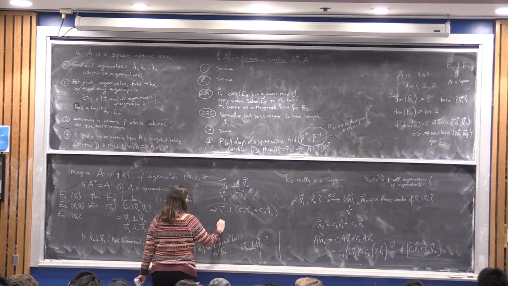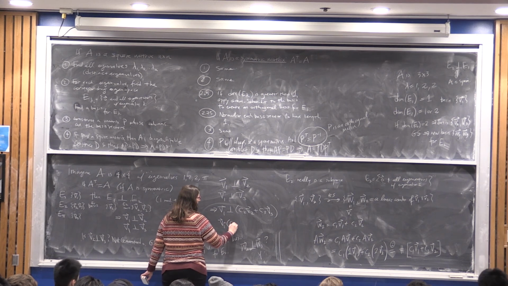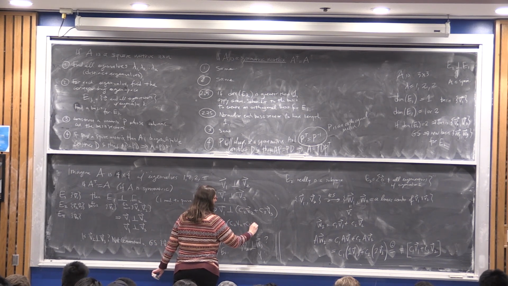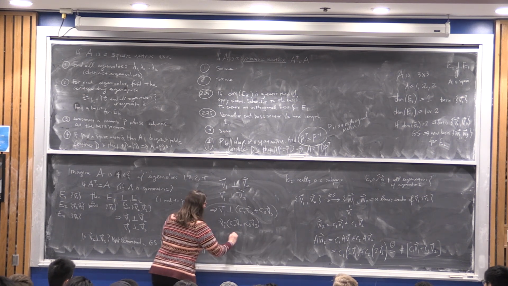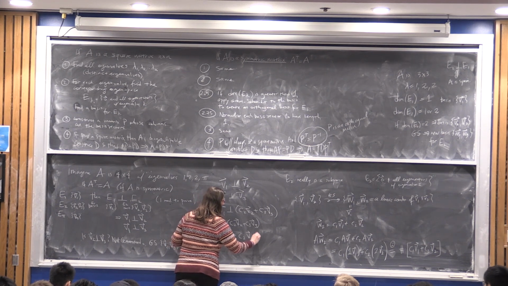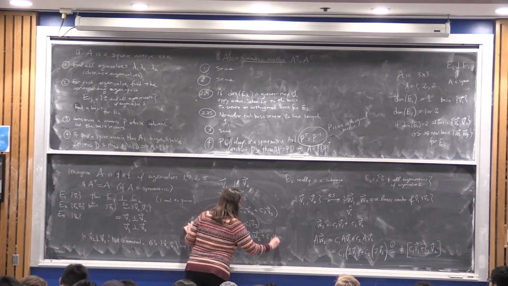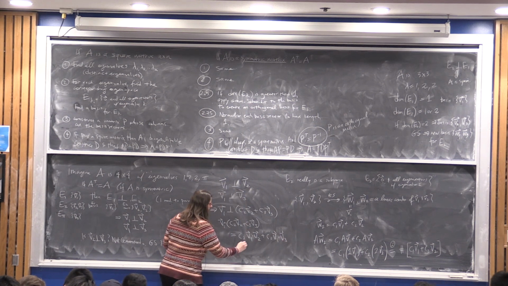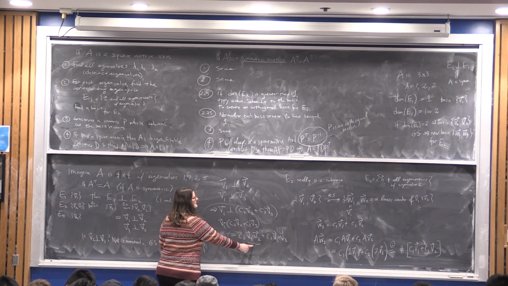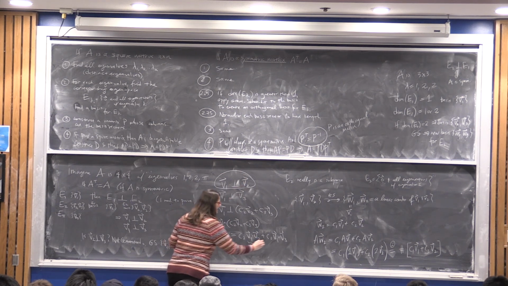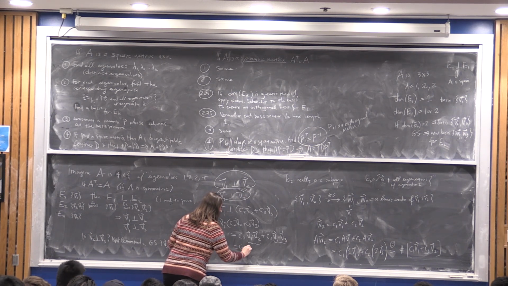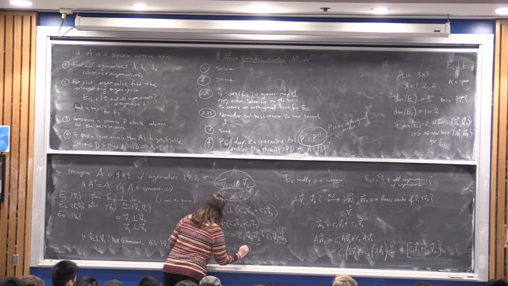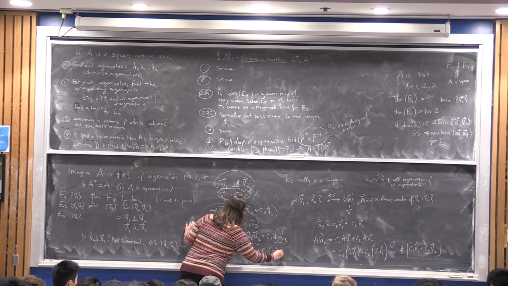You compute the dot product V1 dot (C2 V2 plus C3 V3), which is C2 V1 dot V2 plus C3 V1 dot V3. This equals what? 0. And this equals what? 0. So it's C2 times 0 plus C3 times 0, which is 0.